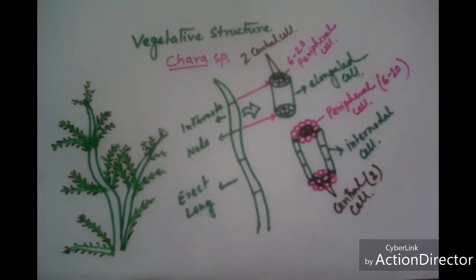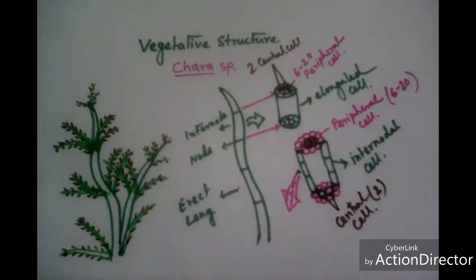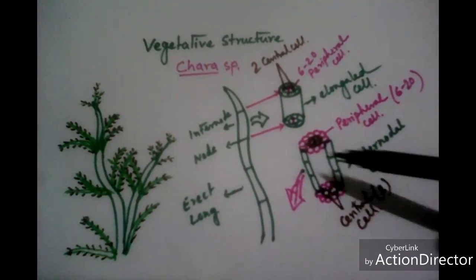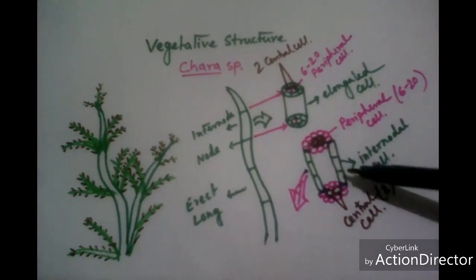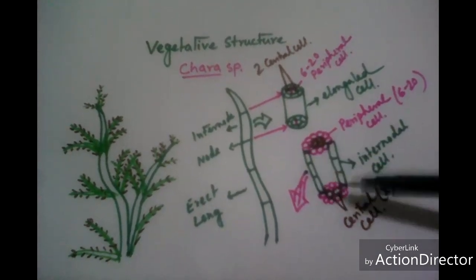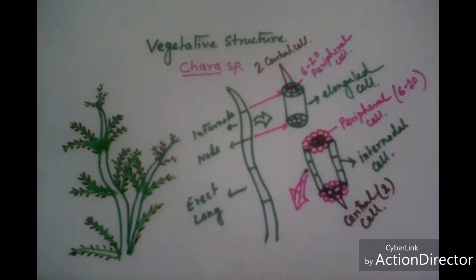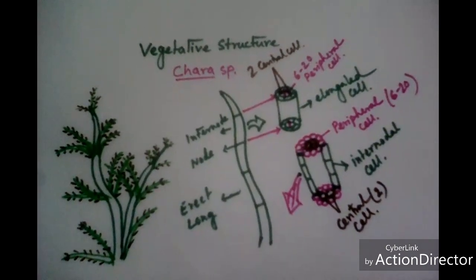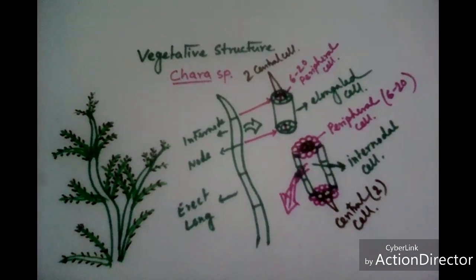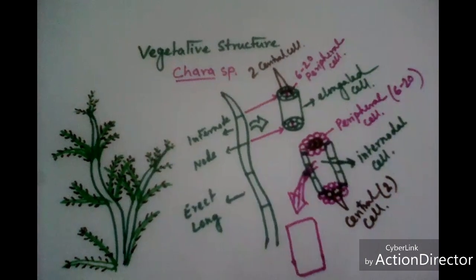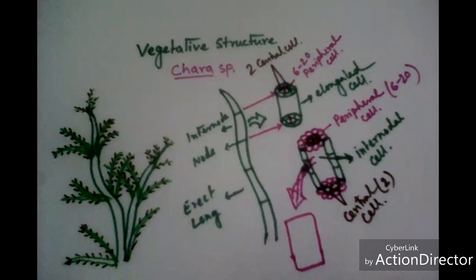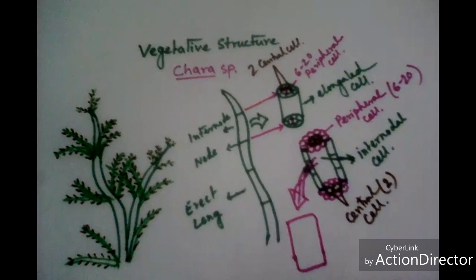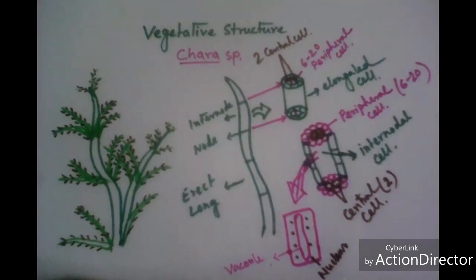Now each internodal cell, this is the internodal cell and this is the cortical cell. Each internodal cell is rectangular in shape and contains a large central vacuole, multiple nuclei and many chloroplasts.